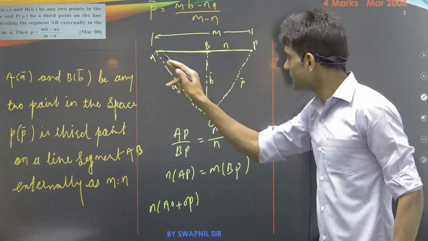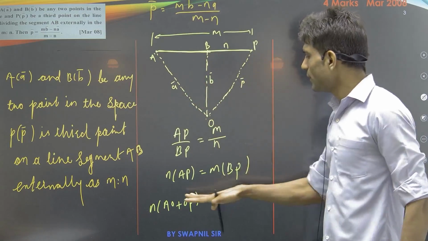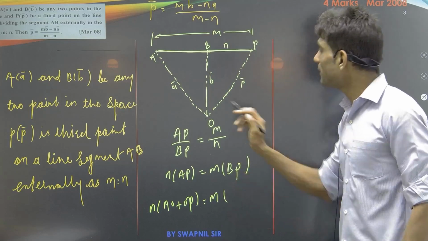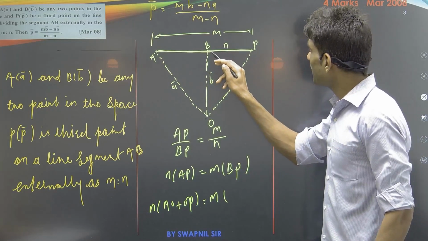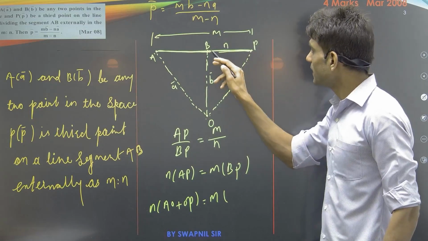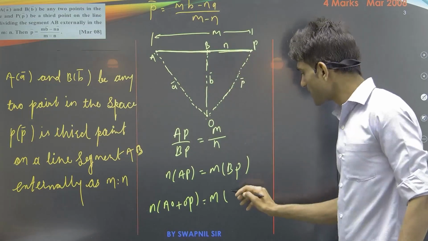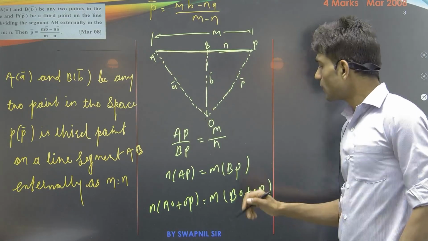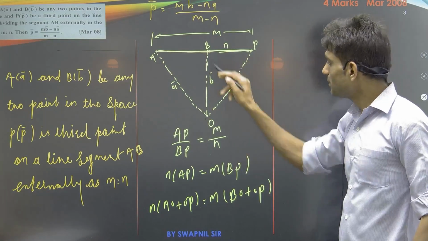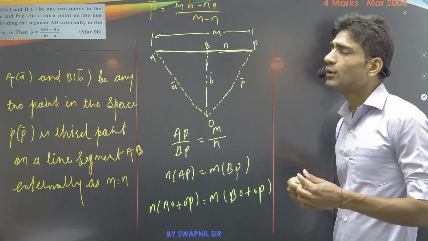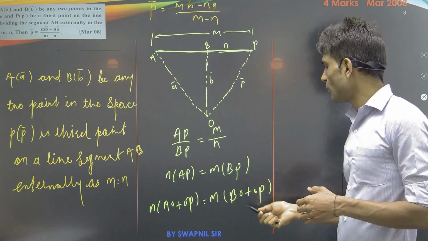That means AO plus OP is the value for AP. Similarly, m times BP: BP can be written as BO plus OP. Now I have just replaced their vectors, BO plus OP.